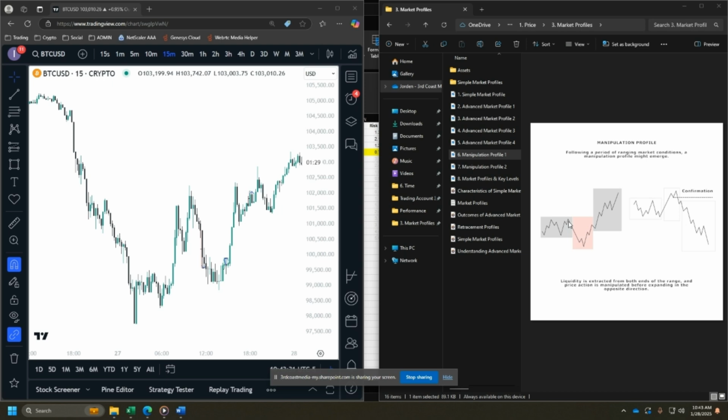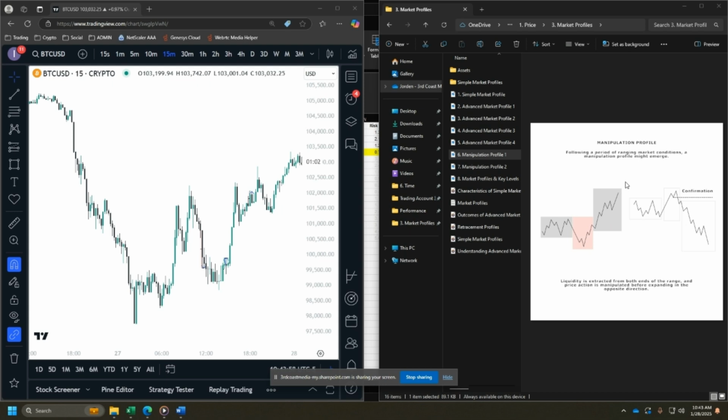A manipulation profile is essentially price movement below the range or outside of the range, and then that signals a bottom after we show confirmation that we will continue towards the opposite direction.